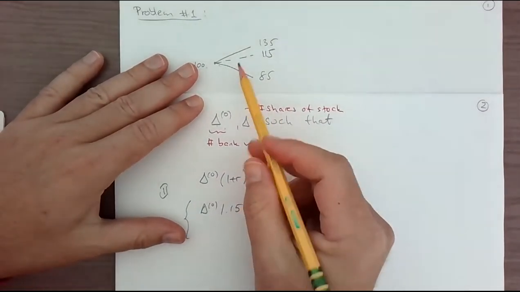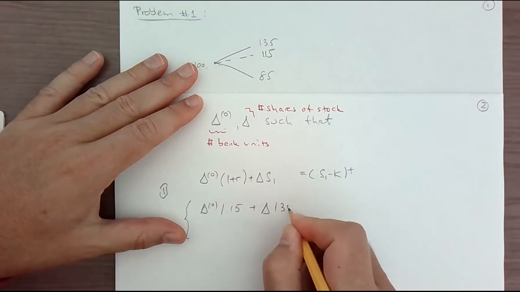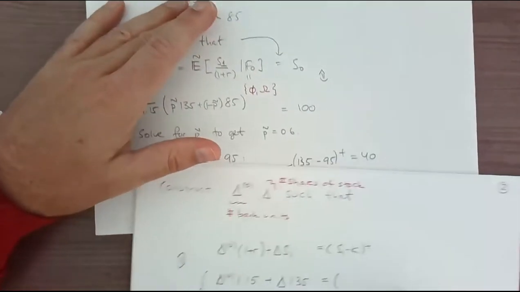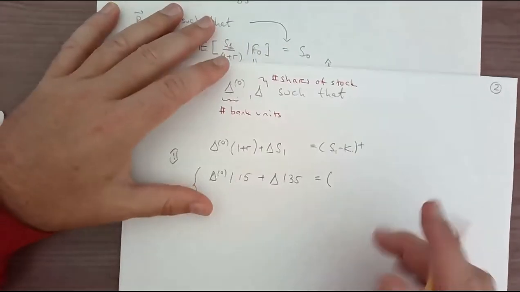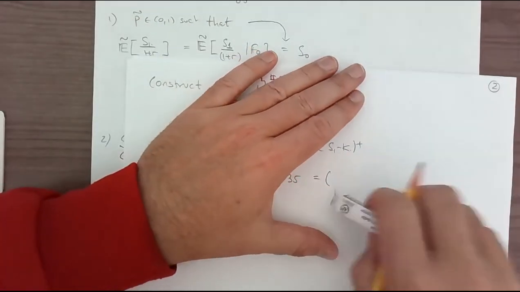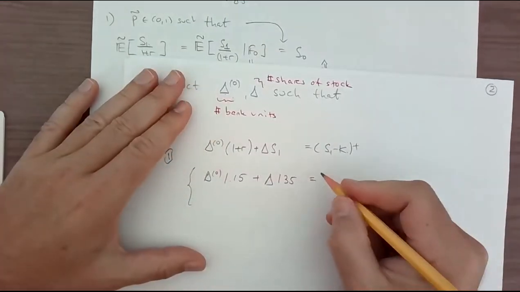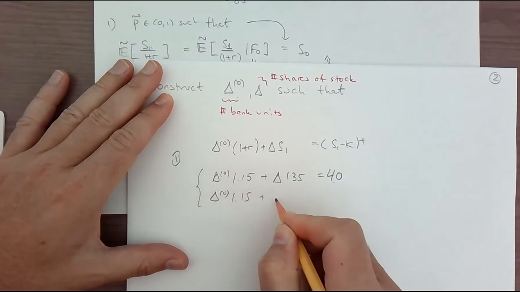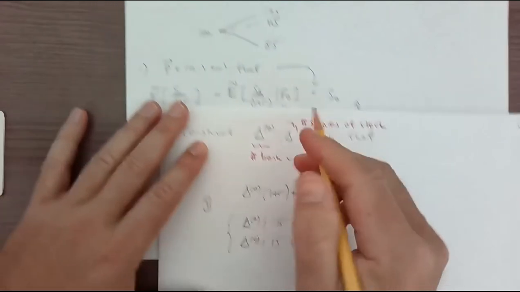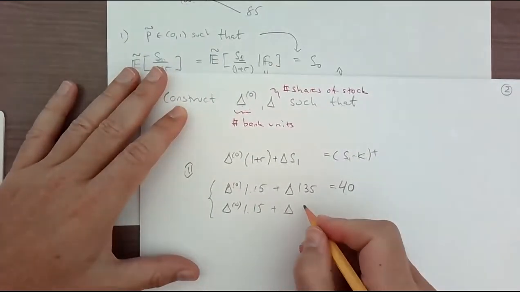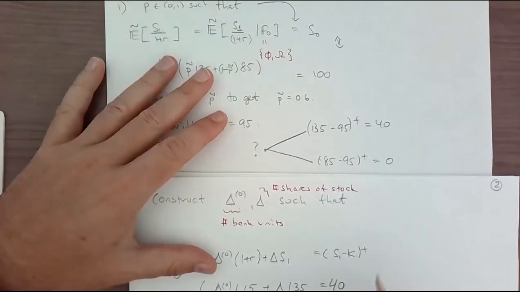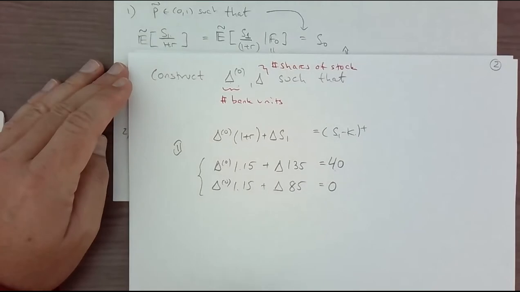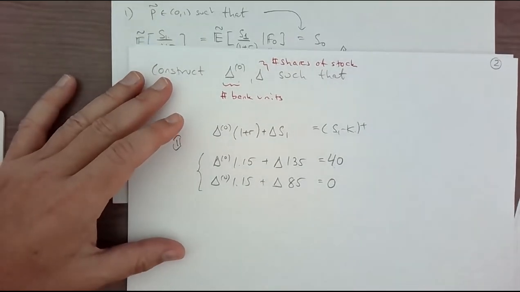S1 in the upstate is 135, and we match it on the right-hand side with the payoff in the upstate, which was 40. And then the other one: the stock was 85 in the downstate, and the call option was 0. So we have two equations and two unknowns. We go ahead and solve.